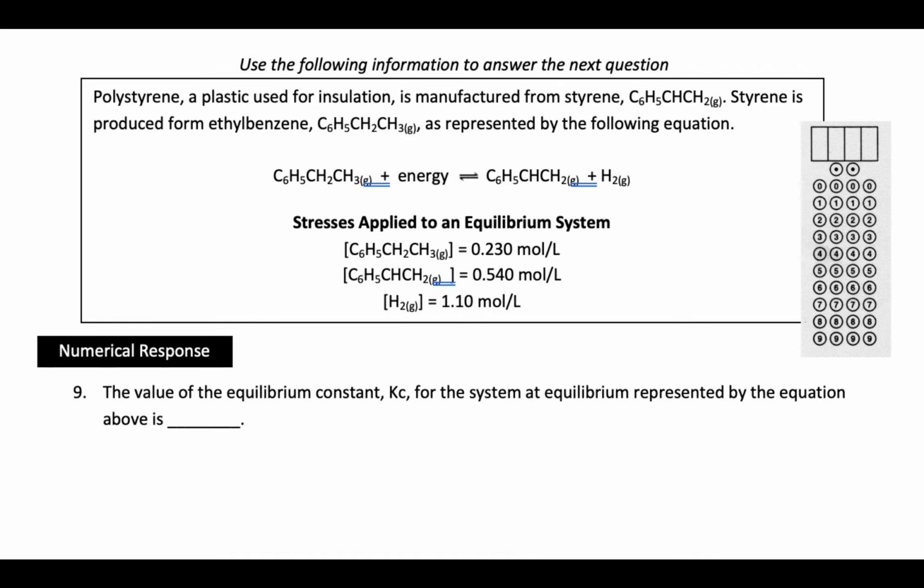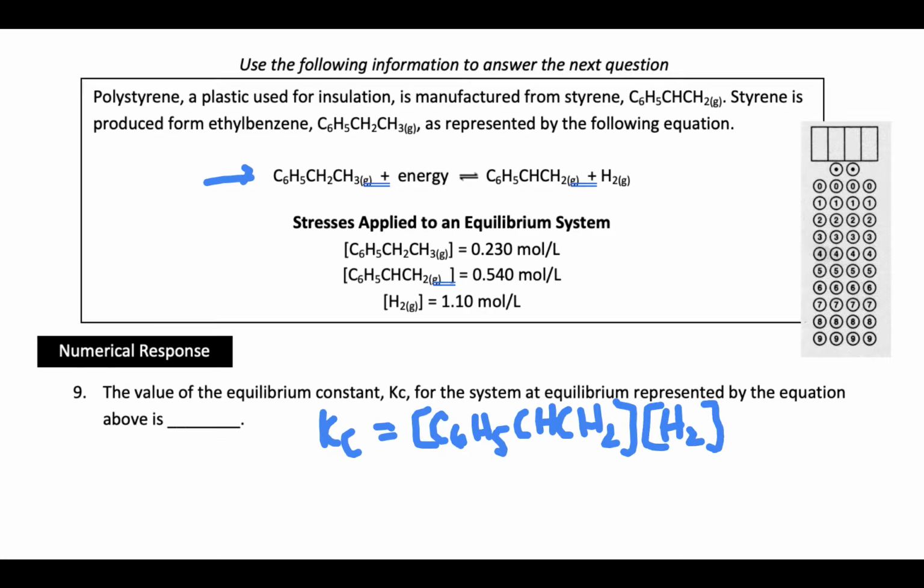Okay. Moving on to question number 9, we have some information of an equilibrium system, and once again it's asking us the equilibrium constant. Based on that system, it's always Kc, products over reactants. So C6H5CHCH2 times H2 divided by C6H5CH2CH3.